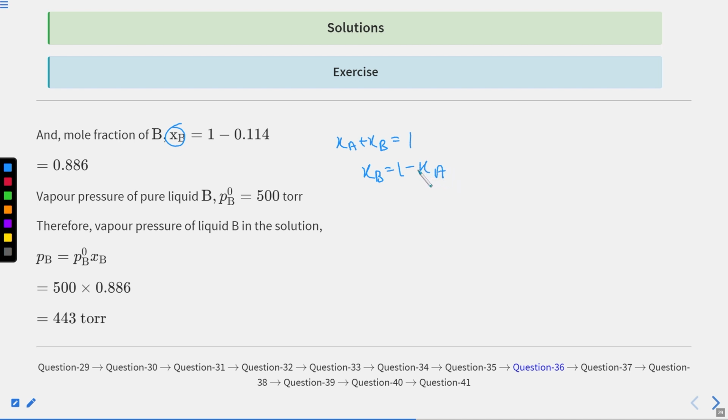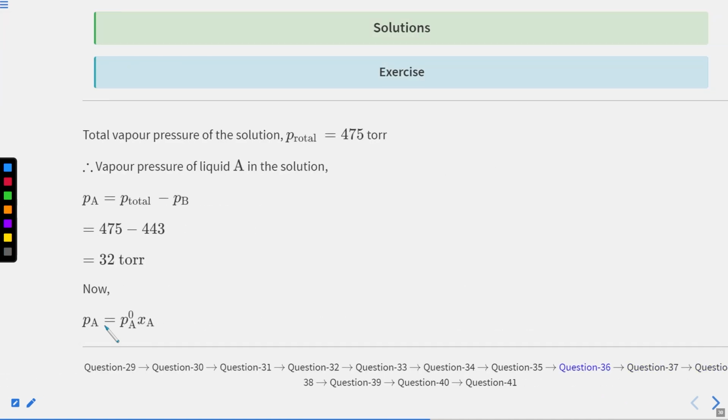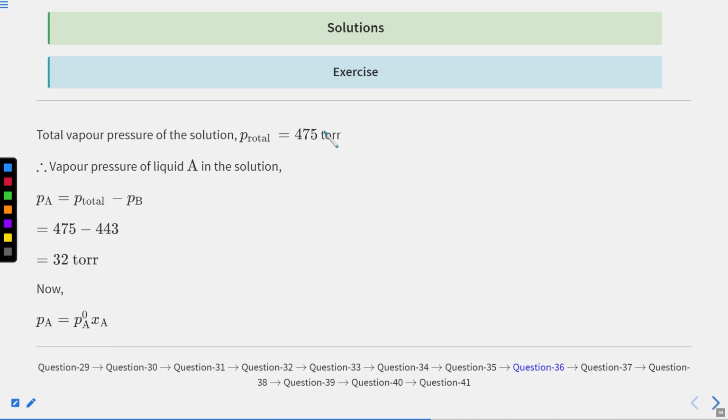Now the vapor pressure of pure liquid B is 500 torr. So we will put this P naught B value 500 here, and chi B we have calculated, to calculate PB. After that, we know that the total pressure is 475.